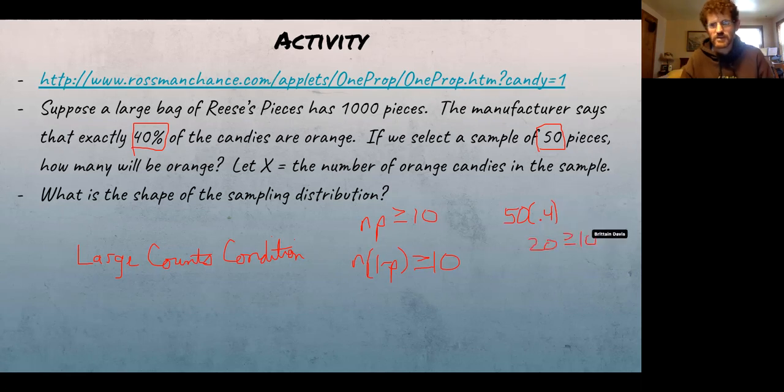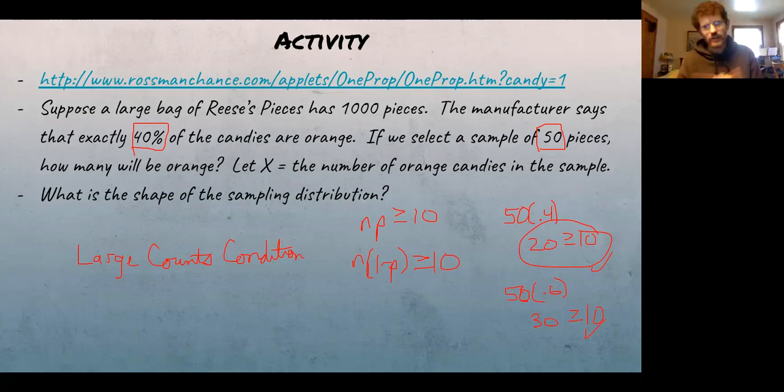We have at least 10 successes we can count on. And of course, that's going to be the harder one to meet, so this one's definitely going to work. So 50 times the probability of failure, 0.6, is going to be 30, which is greater than or equal to 10. So we've met both of these. It is large enough. This is going to be approximately normal. We can use our normal calculations.